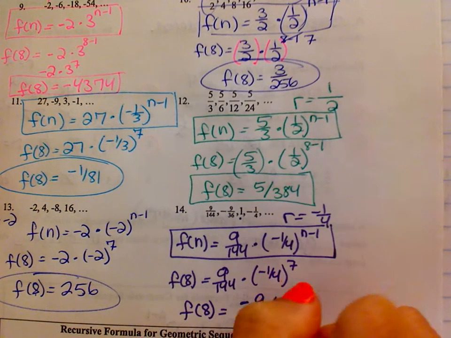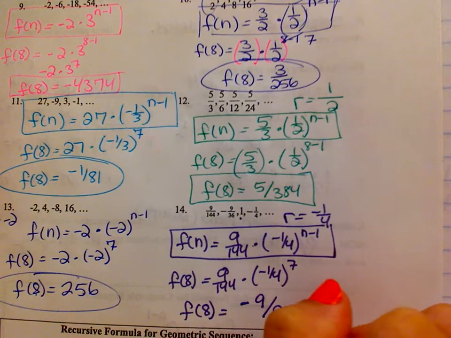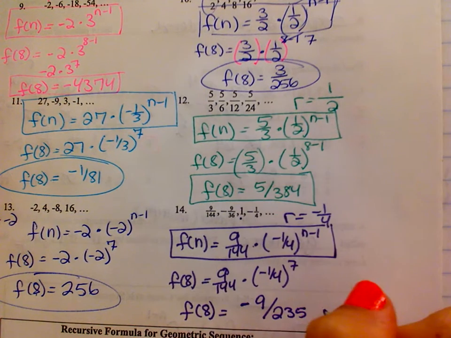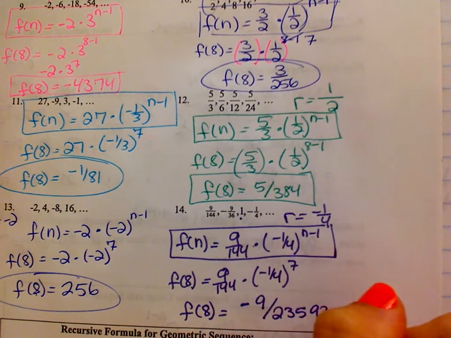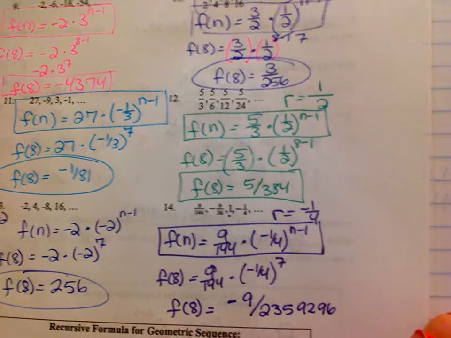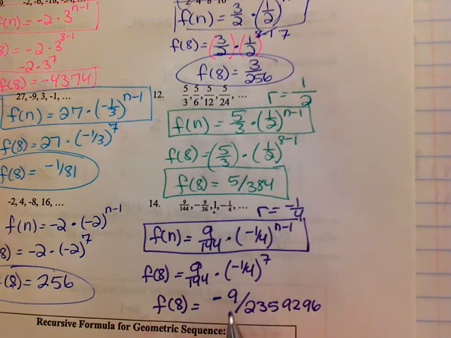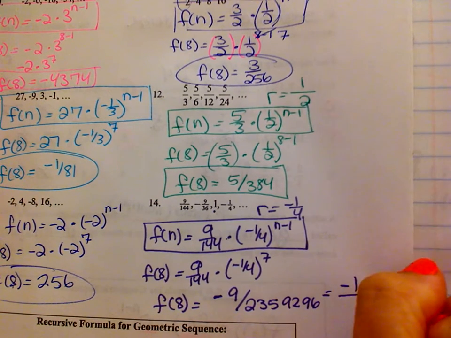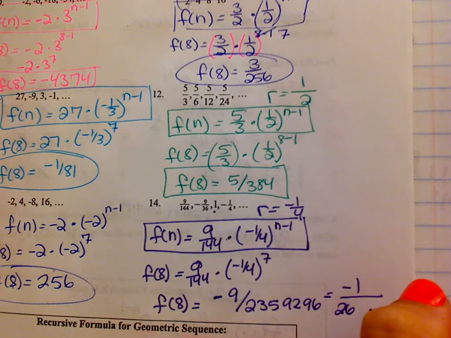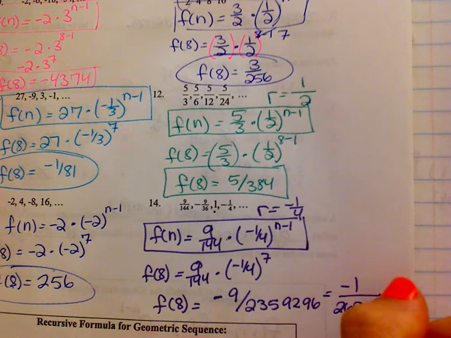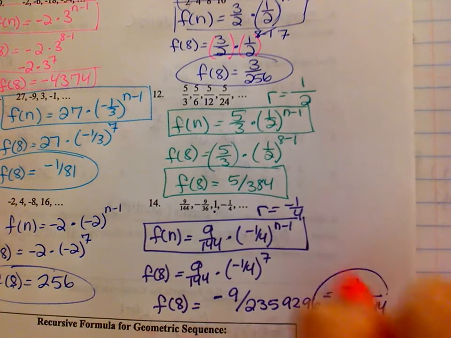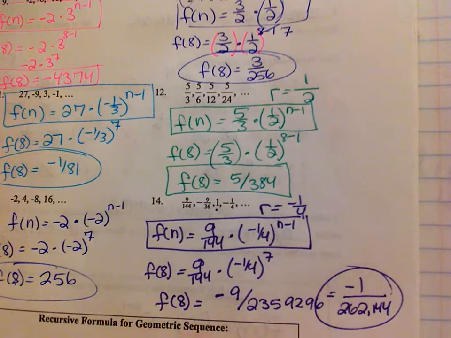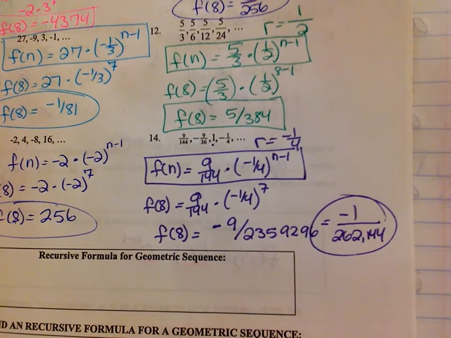Because we're going to get -9/2359296. And then if you reduce that, if you put that into your calculator, that's going to give us -1/262,144. That's a little ridiculous, but there it is.